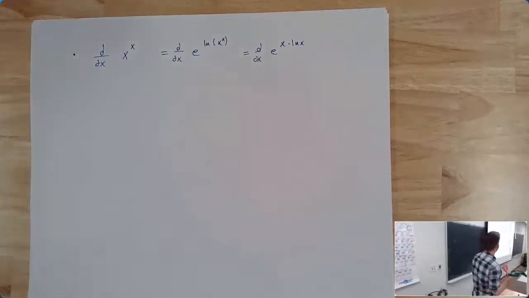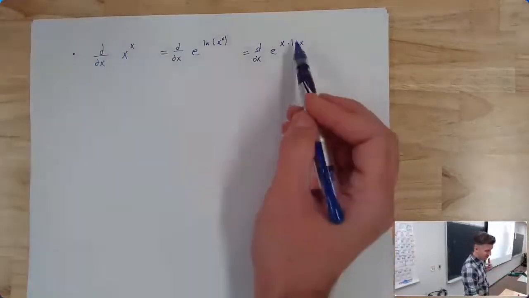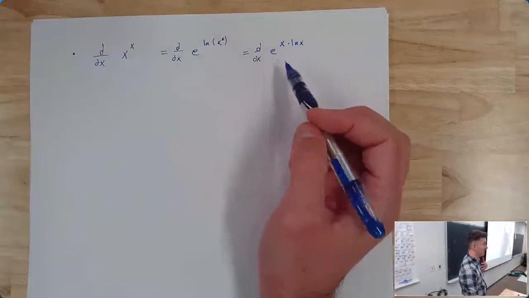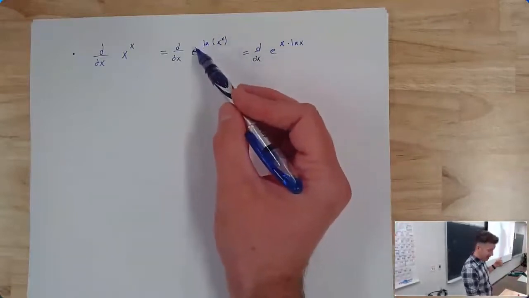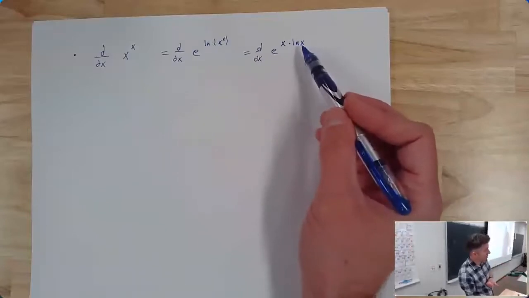So just like before, we're gonna take the derivative of e to the stuff. The only difference between this one and the ones we had before where the base was a constant was that now when we take the derivative of the exponent, we are gonna have to use the product rule kind of every time. Because you're gonna have that power that came down, which was a function of x, and the natural log of your base, which was also a function of x.